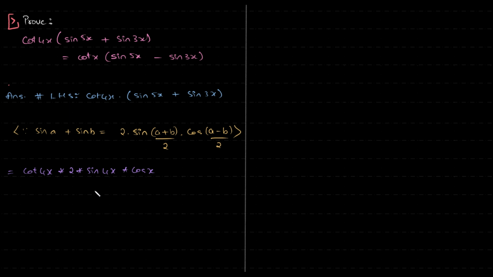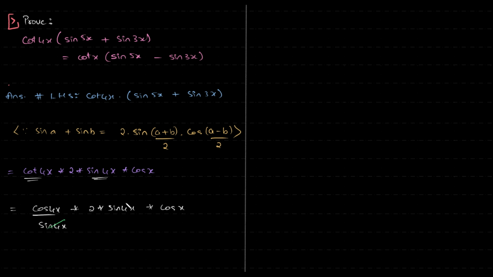So further, this is cos 4x by sine 4x, and now we have, I'll do a bit of it. Let's see what happens. So we have this to be cos 4x by sine 4x into 2 times of sine 4x into cos x.